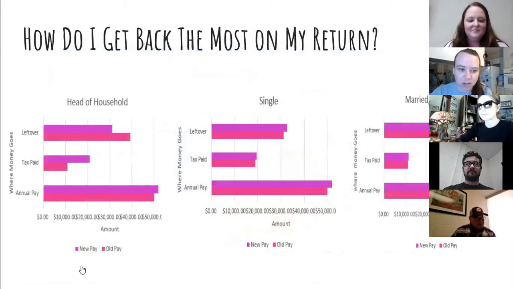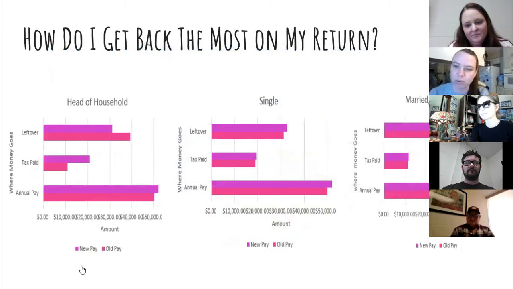So if you're single, and this is going by 2018 that we just filed, so it's up to date, for instance, you'd pay 10% on your income up to $9,525, then 15% on income between that and up to $38,700. So choosing a different status may change the point at which you move between the brackets.